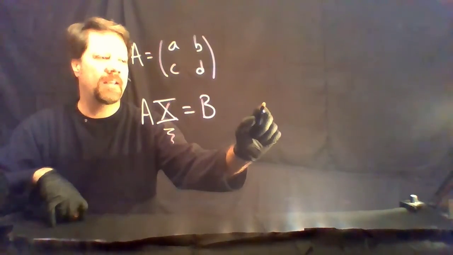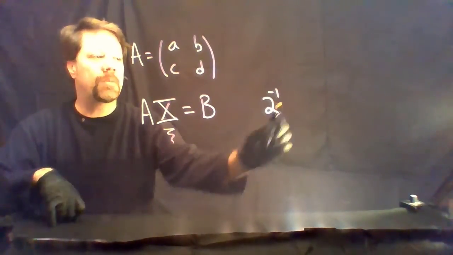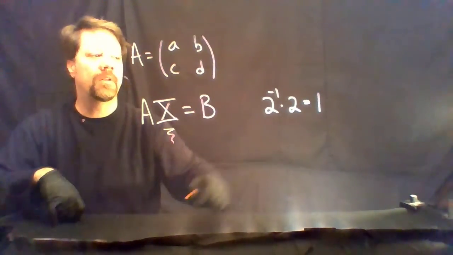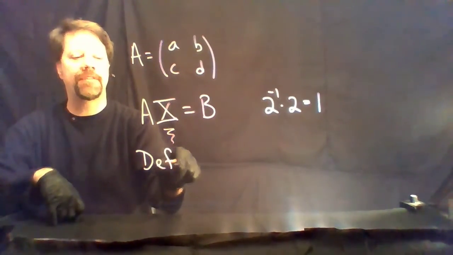What is the inverse of 2? The multiplicative inverse of 2 is the thing that when you multiply by 2, you get 1. We'll make the following definition.